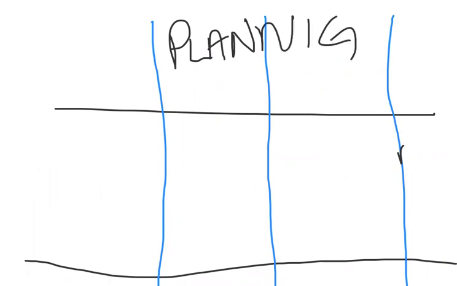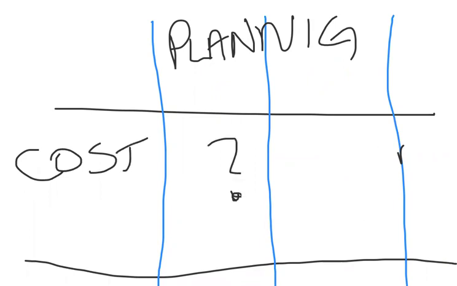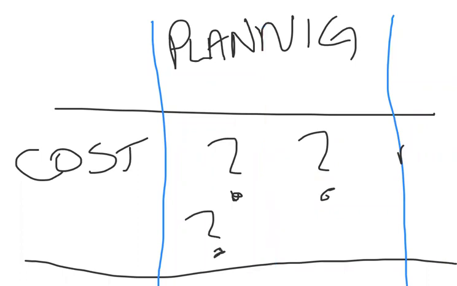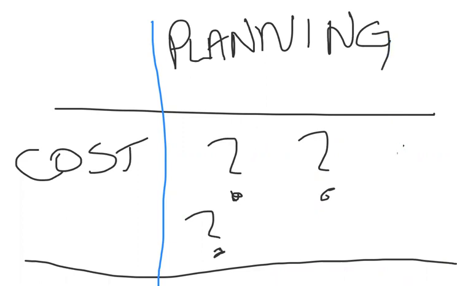And this is cost. So I want you to tell me, what are the things that go here? And there are 3 things I'm looking for, where planning and cost intersect. I'll give you 30 seconds for this one.